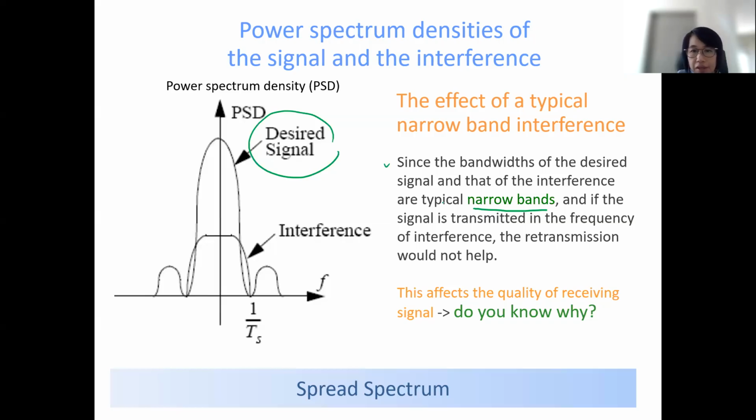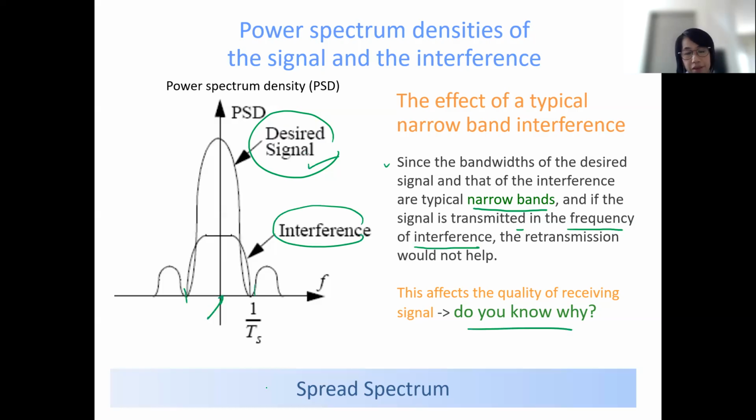If your signal is transmitted in the frequency of the interference, the same frequency and the same bandwidth, the retransmission would not help. This affects the quality of the received signal.